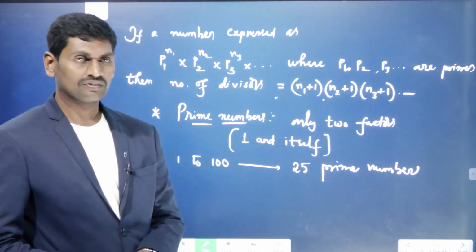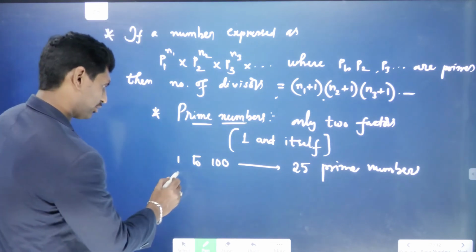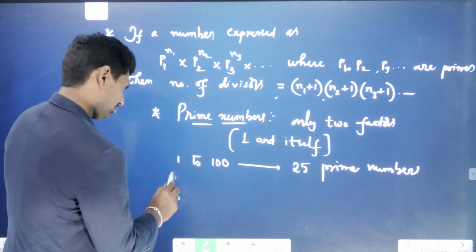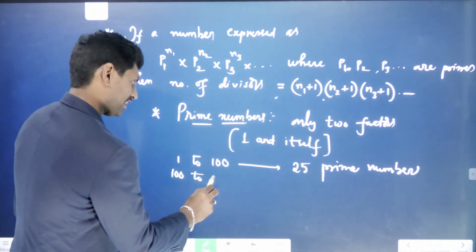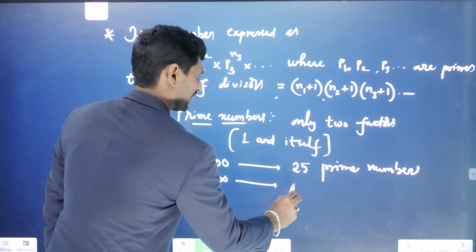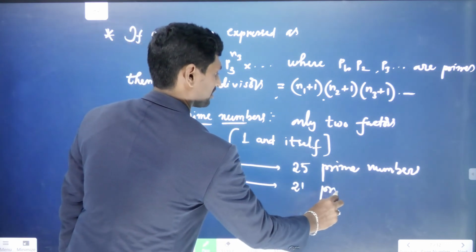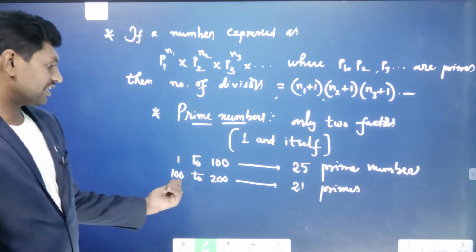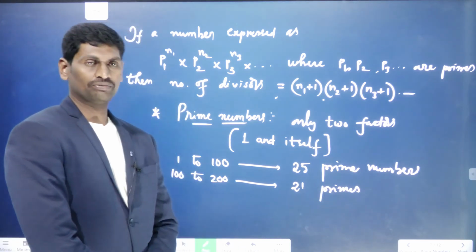Similarly, from 100 to 200, there are 21 primes.